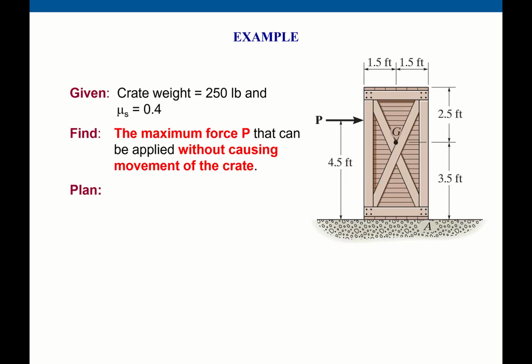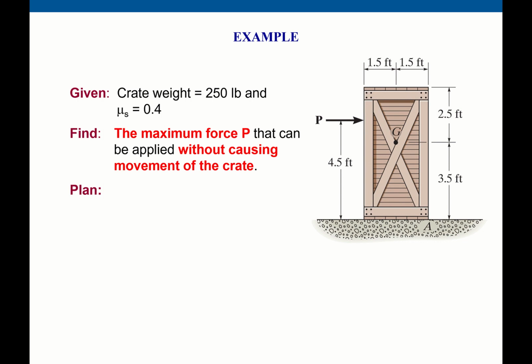Let's solve one example so you have a better idea of what I'm talking about. Here we have a crate whose weight is 250 pound force, and a coefficient of friction of 0.4, which is pretty high.